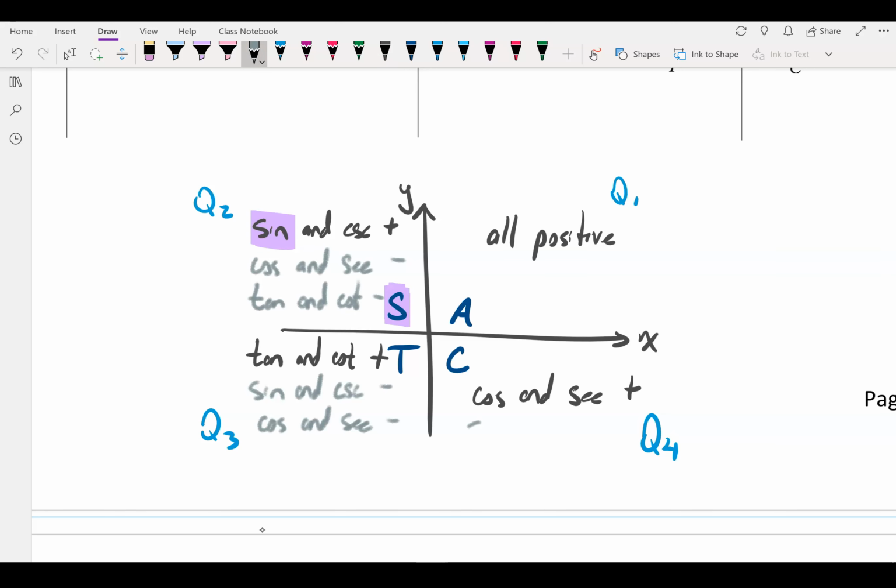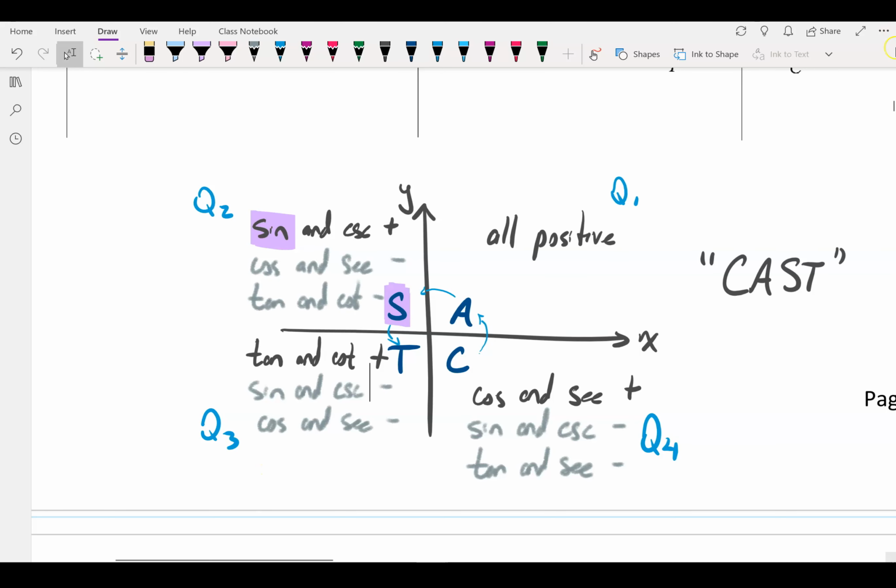And by extension, sine and cosecant negative, tan and cotan will be negative. So again, this is called the cast method, or it's just a way to remember. We go C-A-S-T, that reminds you what's positive where. And I recommend that you read it this way, and you can remember that it's cast.